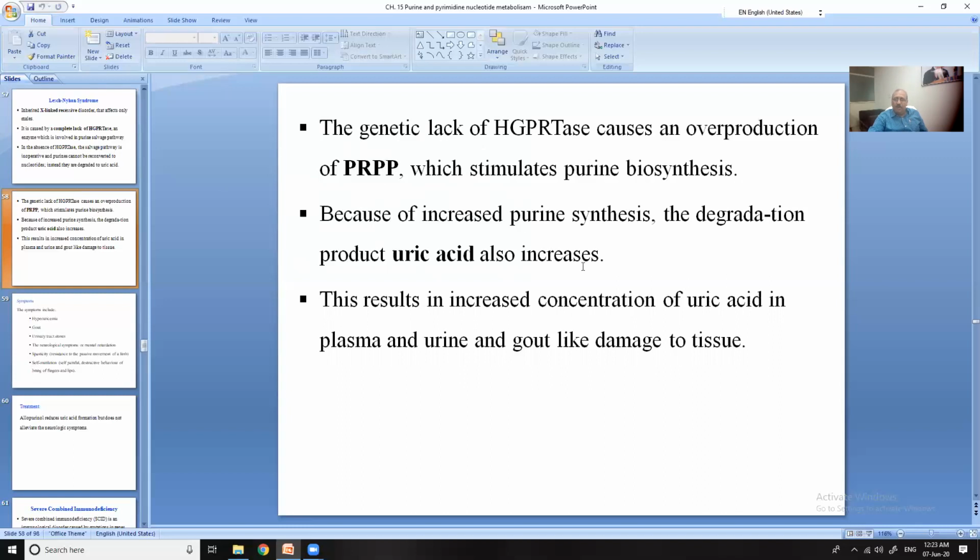Because of increased purine synthesis, the degradation product uric acid also increases, and the result is increased concentration of uric acid in the plasma and urine and gout-like damage to tissue. Okay, so that is Lesch-Nyhan syndrome.